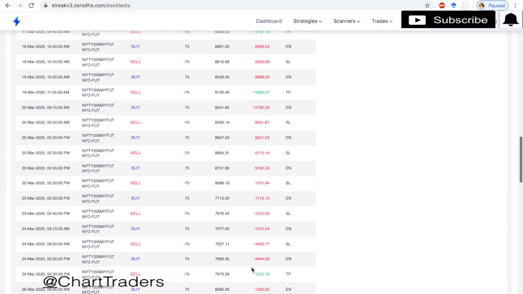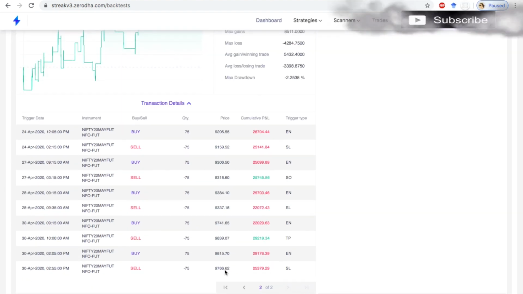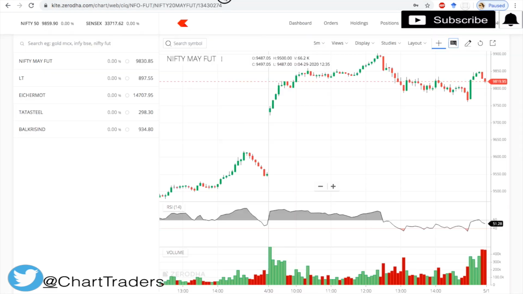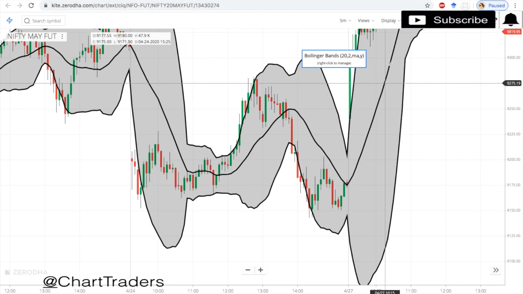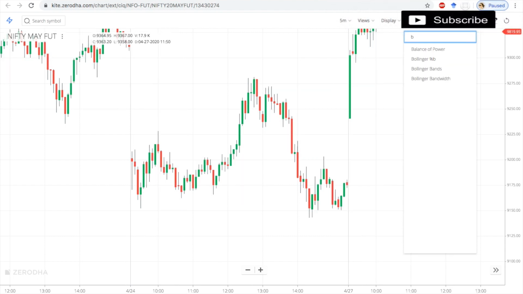It provides all the details like time, date, buy price, sell price. EN means entry, TP means target achieved, SL means stop loss, SO means exit due to MIS square-off. Around 315, you can check with our Nifty future chart. Just remove Bollinger Band, ADX.